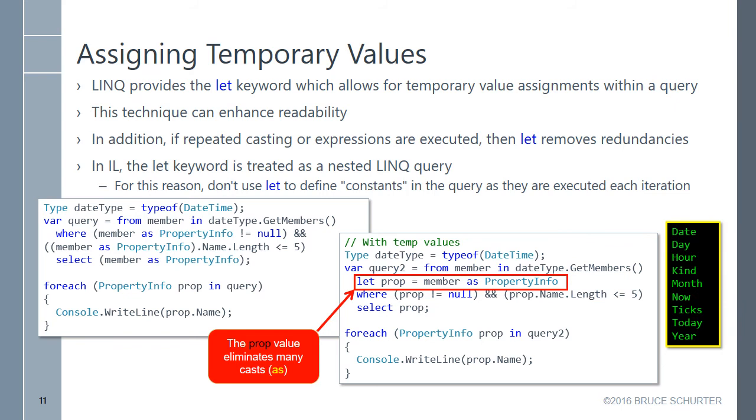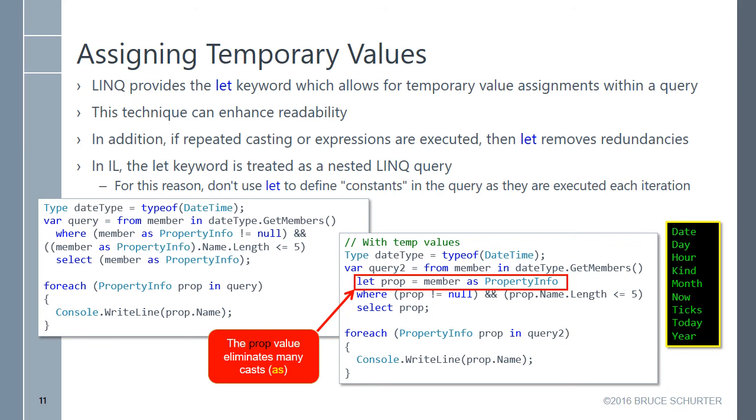And then we say where member as PropertyInfo is not null, and member as PropertyInfo .Name.Length is less than or equal to 5. What we've done here is, since GetMembers returns a MemberInfo object, which is the base class for PropertyInfo, we're looking to see, first of all, if we try to cast it using the as keyword and it comes out null, that means it's not a PropertyInfo.